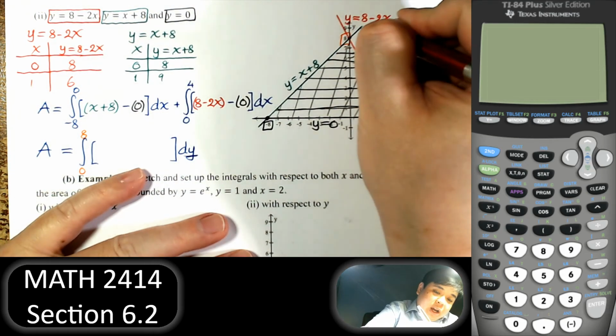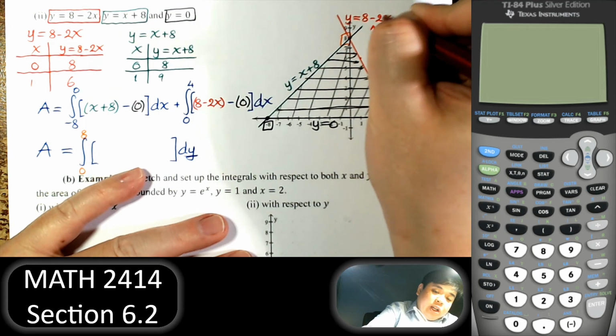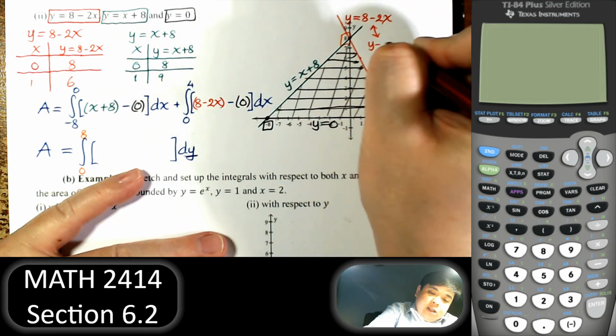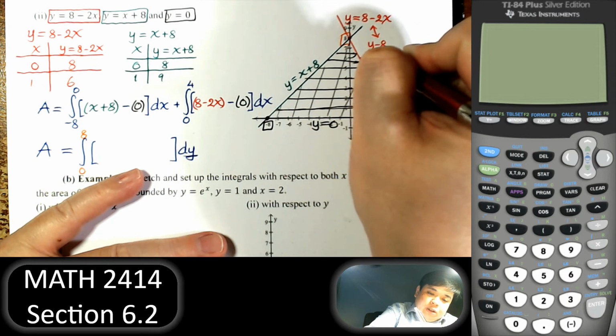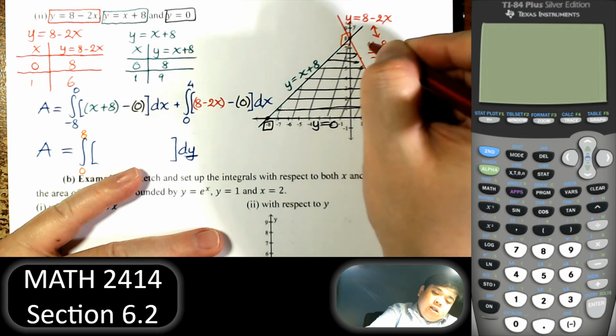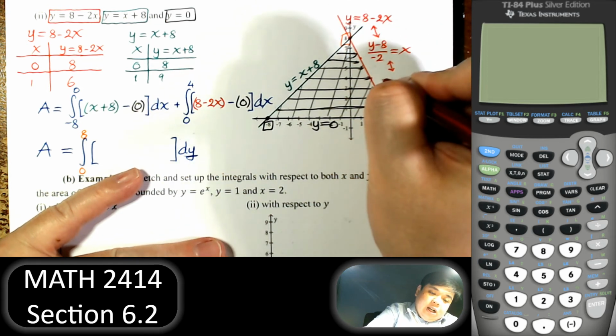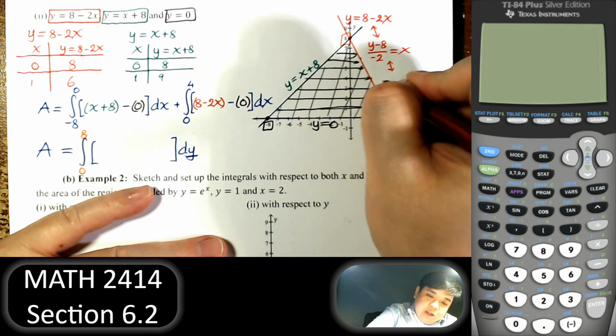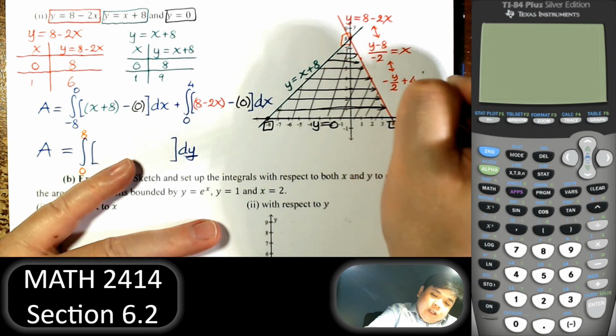If y equal to 8 minus 2x, equivalently we solve for x: minus 8 and divide by -2 equal to x. And split this. So we have y over -2, or -1/2 y, or -y over 2 plus 4 equal to x.